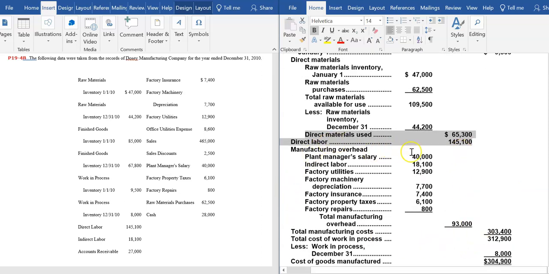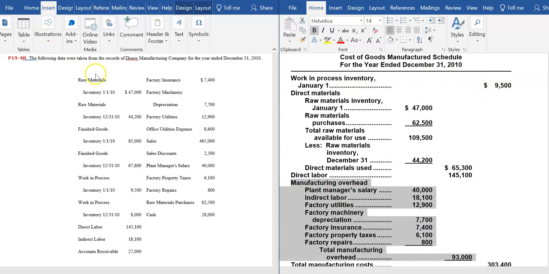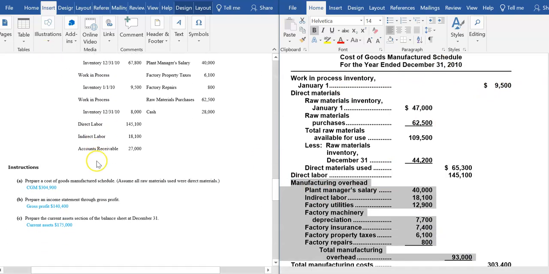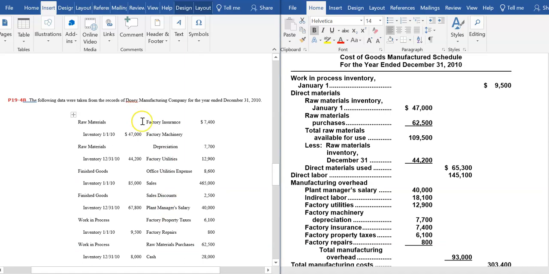And the last cost added to the beginning balance in work in process during 2010 are all the overhead costs. Looking here at all of these costs that were reported, it looks like we have direct labor, indirect labor, factory insurance, factory machinery depreciation, factory utilities.